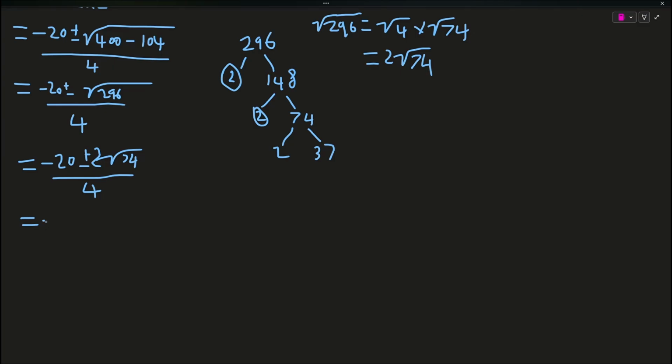So that gives us minus 5 plus minus half square root of 74.